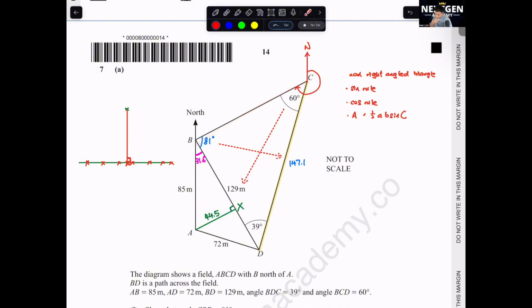Let's see. What information do we have over here? What do we need to find? Do we have this angle? We don't have, right? Can we find? Cannot also. So what we can do is we can use relationship of this angle here. This U shape, both of these are north, so they are parallel to each other.